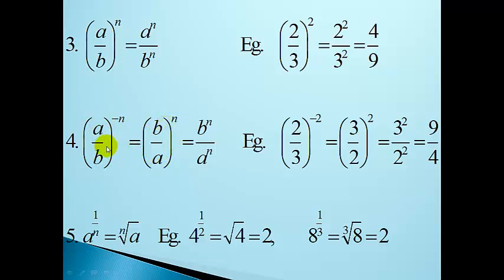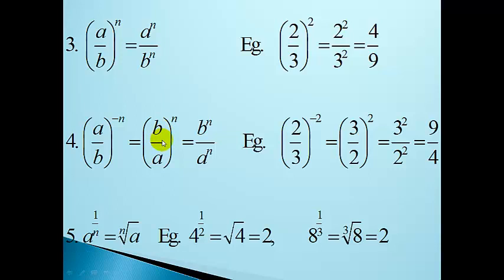You can see that the numerator becomes the denominator and the denominator becomes the numerator, and when that happens, the negative exponent changes to a positive exponent. That is, the b goes up and the a comes down, and as soon as that happens, the negative exponent must change to a positive exponent.